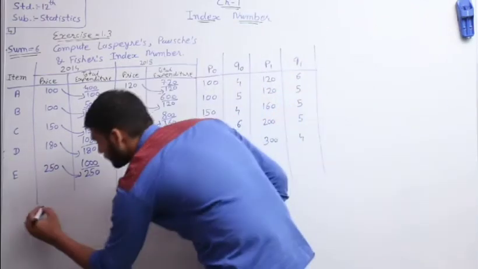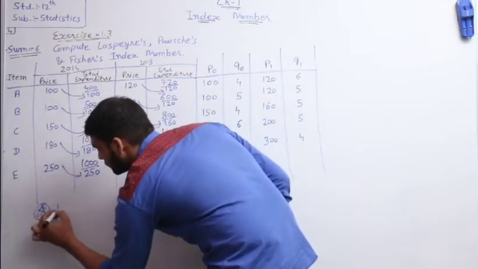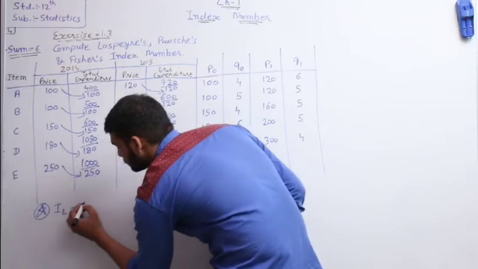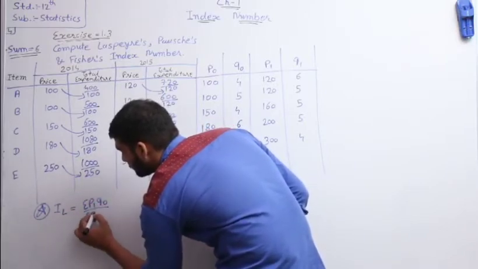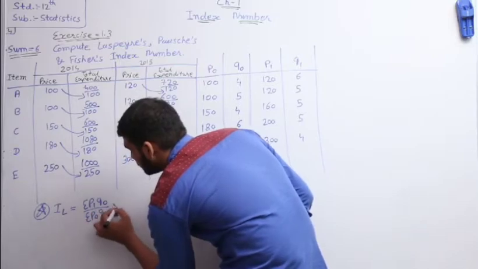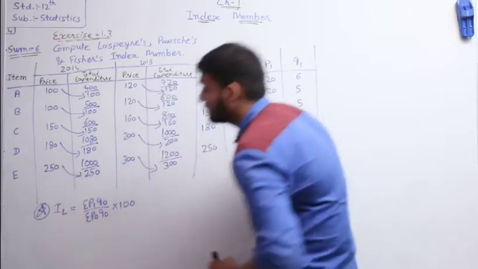Now let me find Laspeyres' and Paasche's index numbers and the Fisher index number. First of all, the Laspeyres formula: IL is equal to sigma P1 Q0 upon sigma P0 Q0 multiplied by 100.